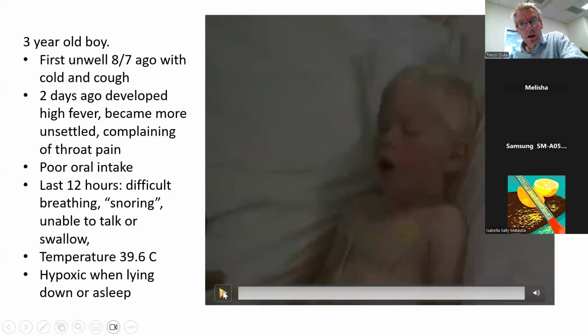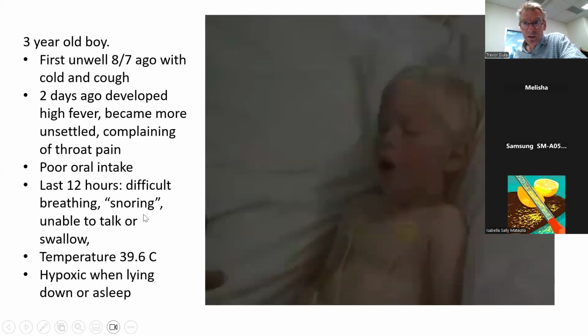Okay. All right. So you notice several things about this child: that when he falls asleep, he obstructs. His mouth is open all the time. He's actually not swallowing his saliva. He's drooling his saliva, and that is a characteristic feature of some form of supraglottic obstruction of the airway above the level of the larynx, the laryngeal inlet, above the vocal cords.